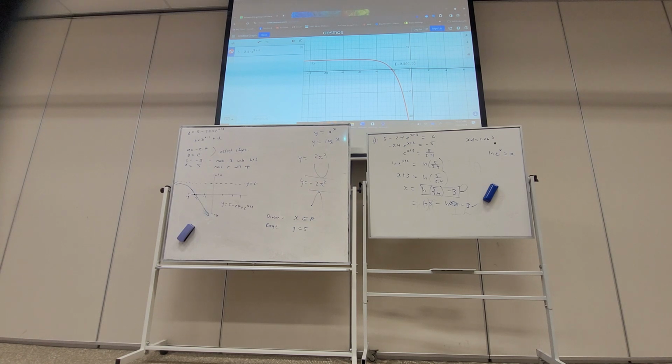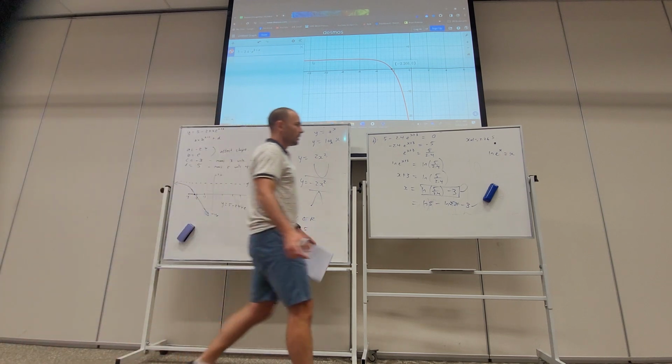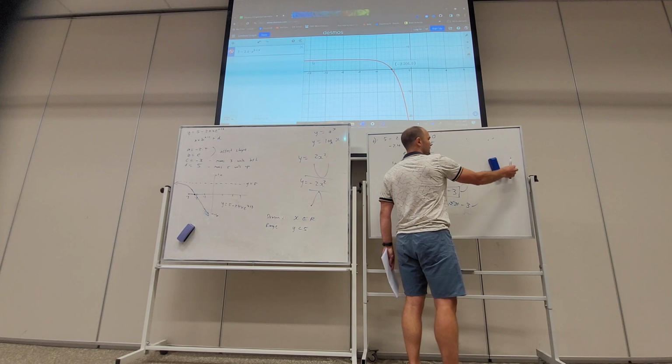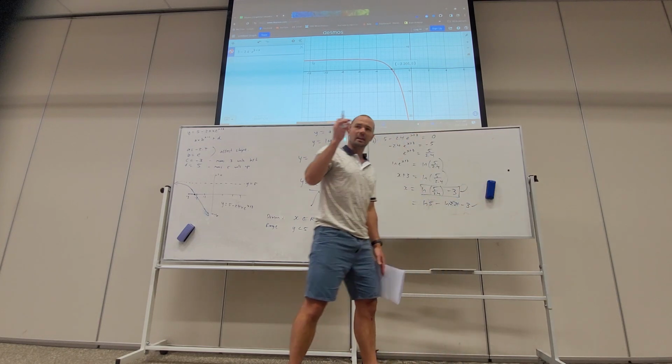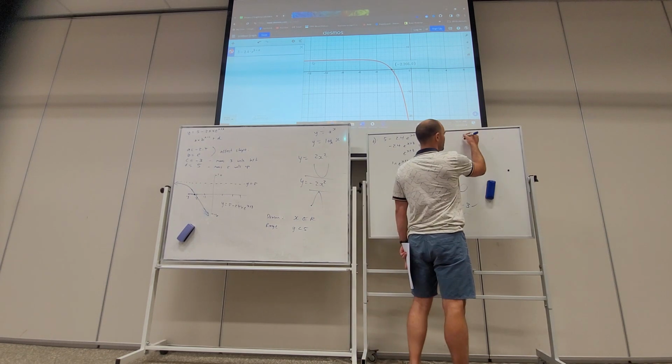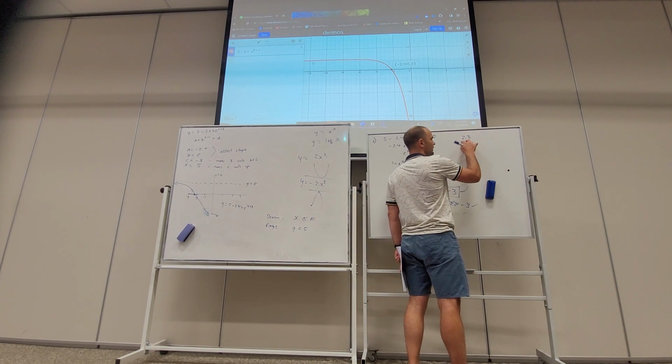Okay, but then if we have a look at E, find the value of x when y is 2.3. It doesn't say exactly, so we don't have to do it using the algebraic process. If we were to do this one algebraically, what are we doing? We're setting y is 2.3.